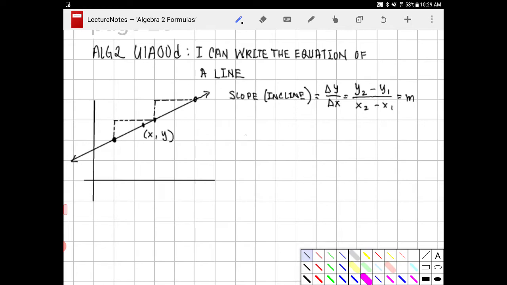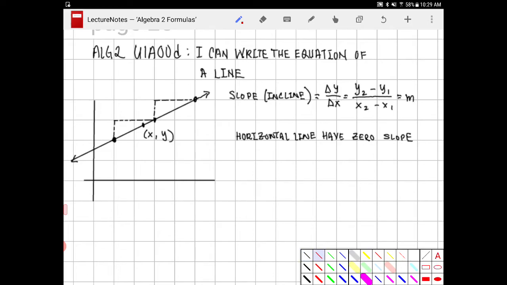So a horizontal line will have 0 slope. So let's think about that and ask yourself why that's the case.